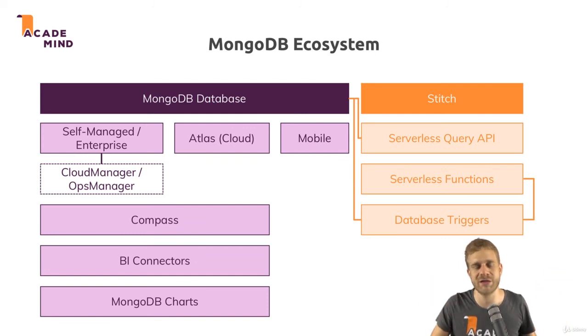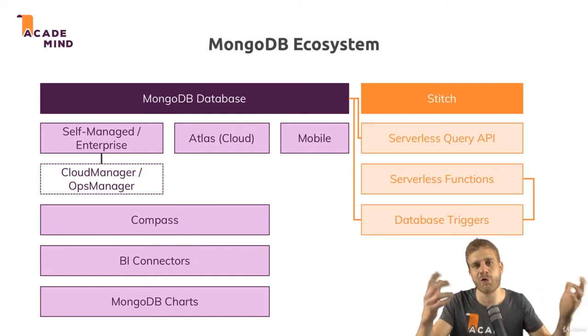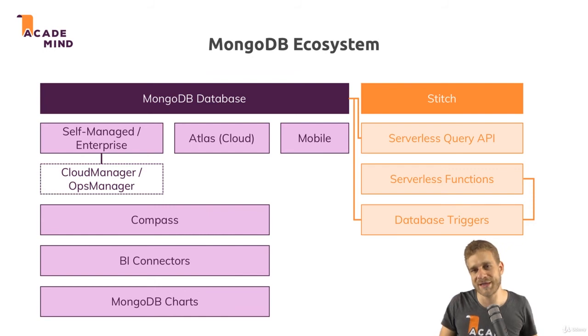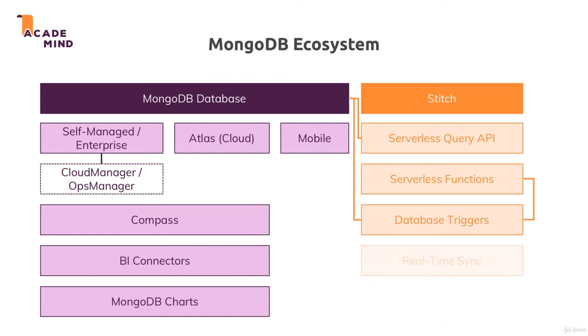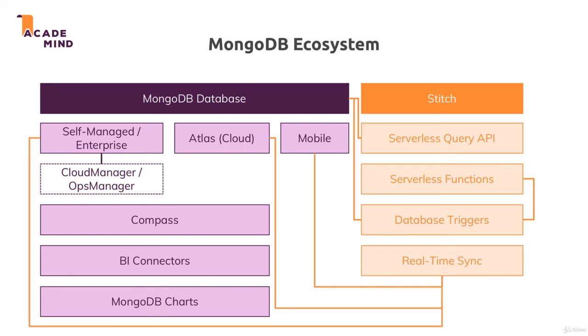And that function could then maybe send an email to a user informing him about that document being inserted, something like that. And there is a feature called real-time sync, which basically is built to synchronize a database in the cloud with that mobile offline supporting database you might have on mobile devices.